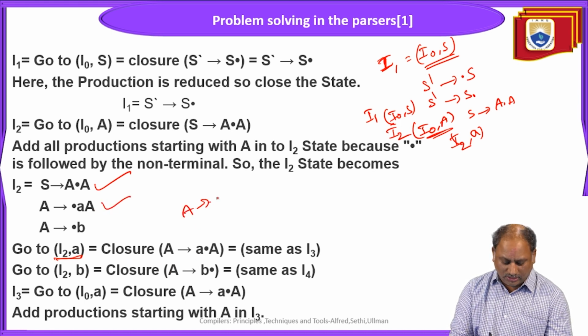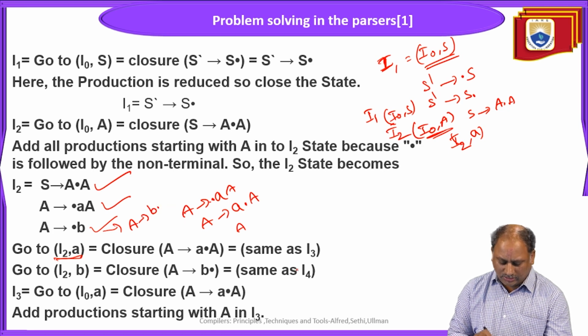After implementing, that is A derives small a dot, one symbol ahead, so that's A dot capital A. Now here there is only one symbol available, so A derives B dot. So it reaches the end. Whatever states are not completed have to be processed till completion.